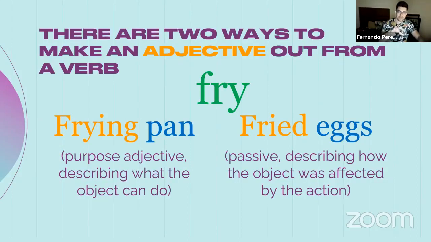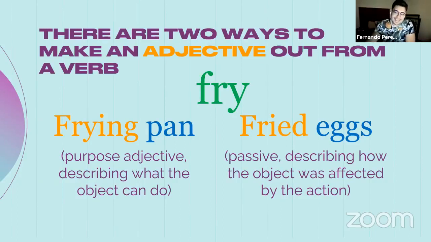Using these concepts, I want you to think about the difference between Spanish and English. If you translate from Spanish to English, un sartén para freír o de freír, and when we pass sartén de freír into English, we obtain a pan for frying.